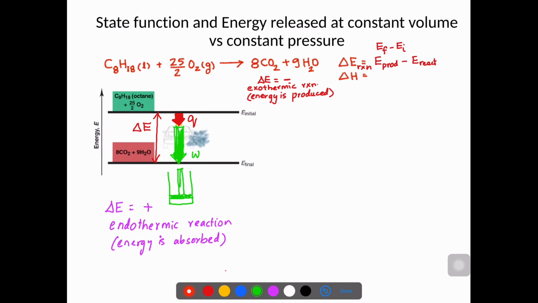So you have a piston here. The internal combustion engine has air and octane, the reactants, compressed under high pressure. Now there is a spark plug which ignites this mixture. As soon as it ignites, these reactants rapidly convert into carbon dioxide and water vapor.